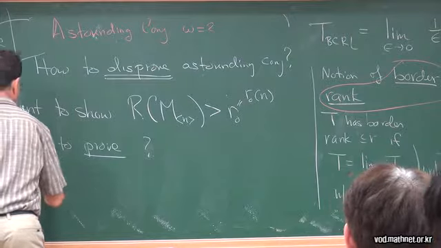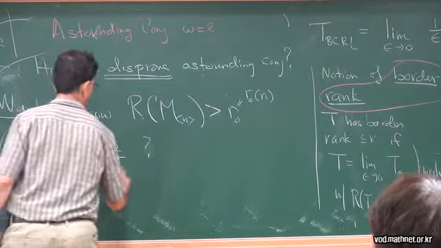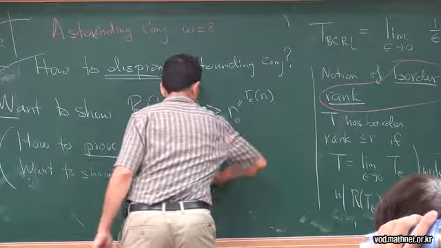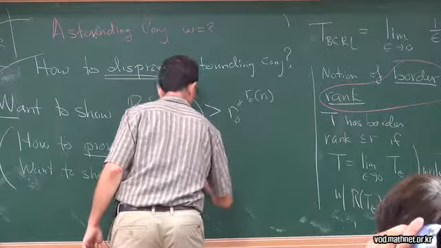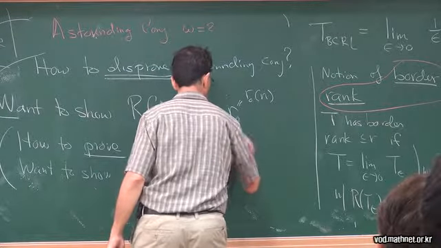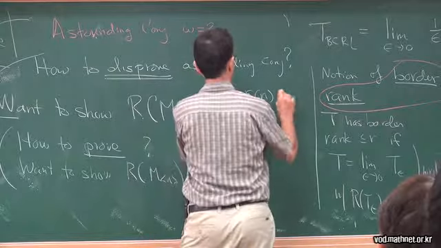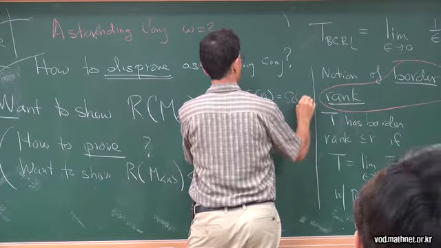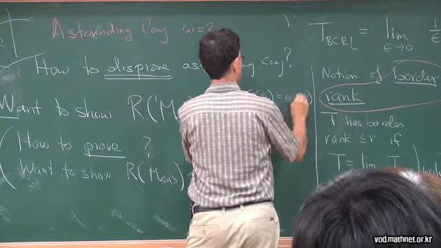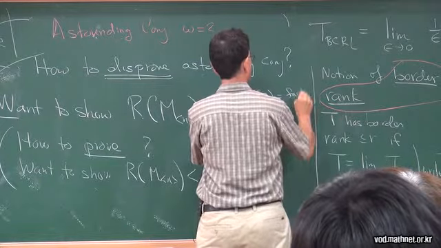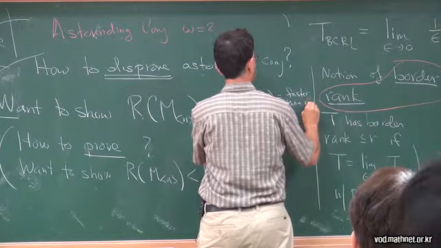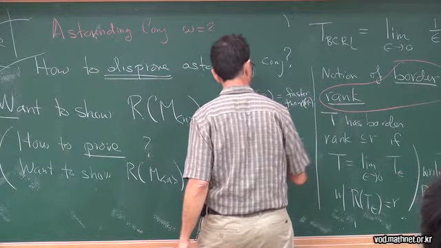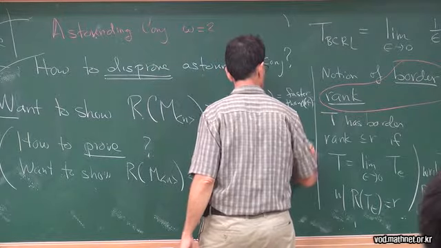Want to show that R of Mn is less than, well, let's use another letter, some capital R0 of n, where this is faster than n squared, and this one is slower than n squared plus epsilon.